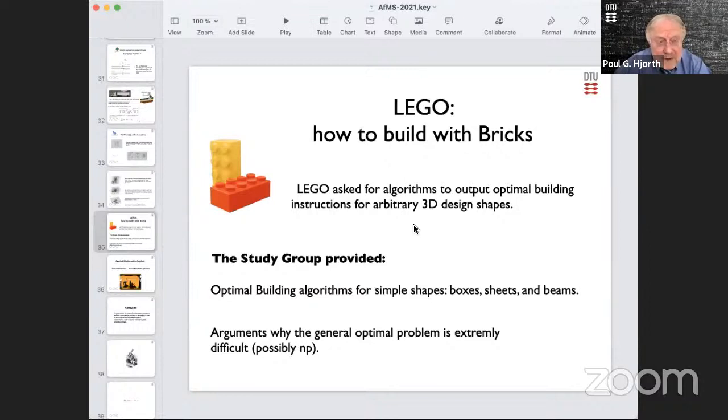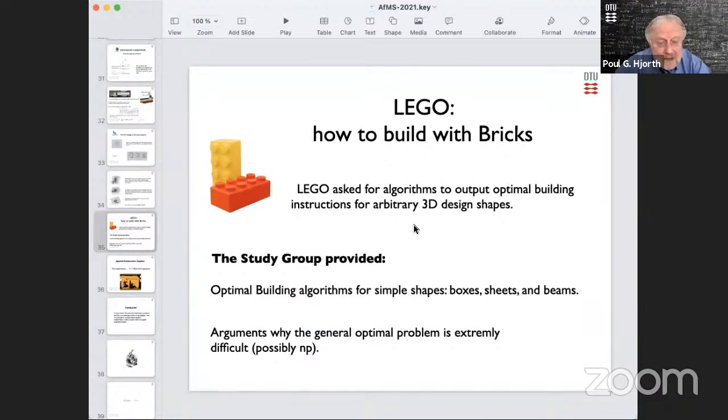And it's one of these examples where the arrow goes the other way, where an attempt to solve a very practical and straightforward problem in industry turns out to generate a lot of academic activity that may end up in other places than just Lego bricks. For instance, the whole concept of optimal construction of a shape by layer is relevant for 3D printing.